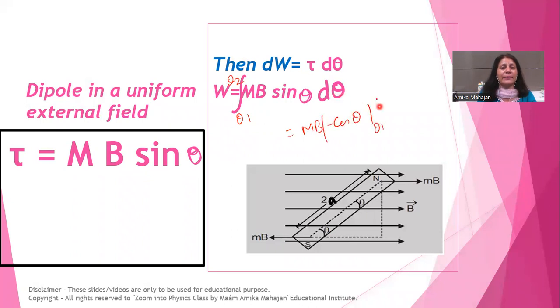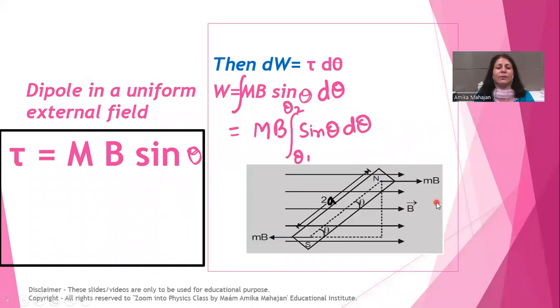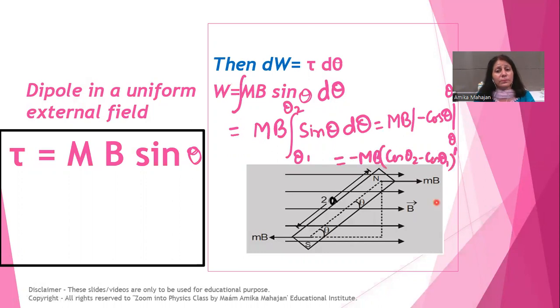So when I put limits, the upper limit will be put first. The negative sign I take outside, it will be cos theta 2 minus cos theta 1. When I adjust the negative sign, it will be MB into cos theta 1 minus cos theta 2. So this will be the work, and this work is stored in the form of potential energy. So potential energy will be MB into cos theta 1 minus cos theta 2.